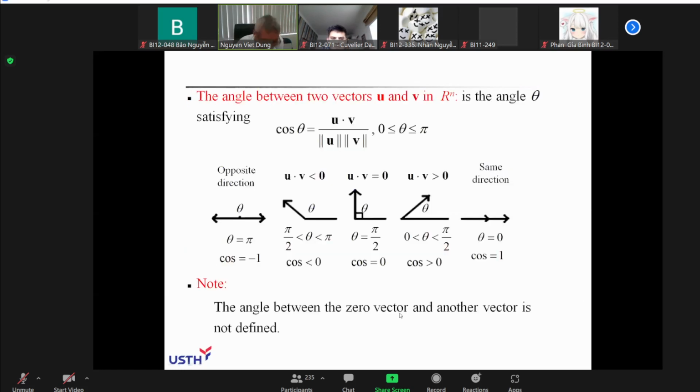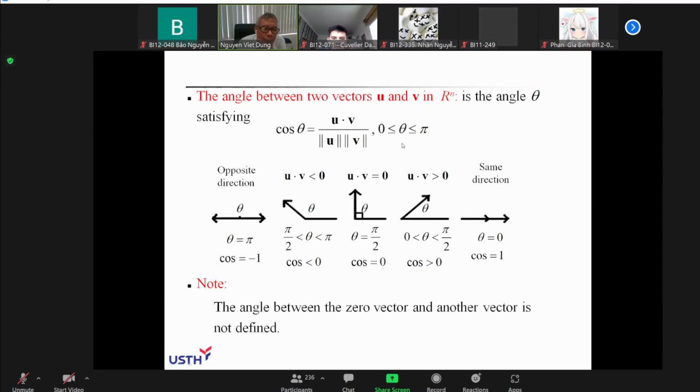And after that, we define the angle between the two vectors u and v. That is an angle theta satisfying that the cosine of theta equals the dot product of u and v divided by the product of the length of u and the length of v.